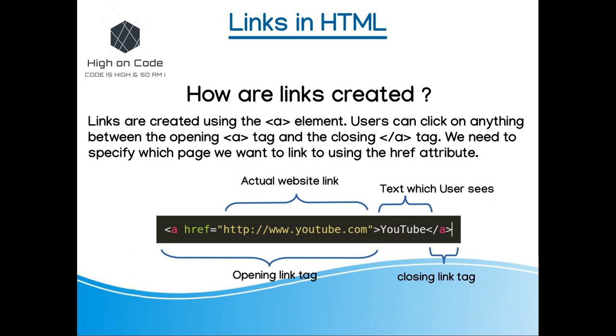A link mainly consists of 4 different parts. The first one is the opening tag, or we can say opening link tag, which consists of the actual website link inside of the href attribute. And the third one is the text which the user sees.